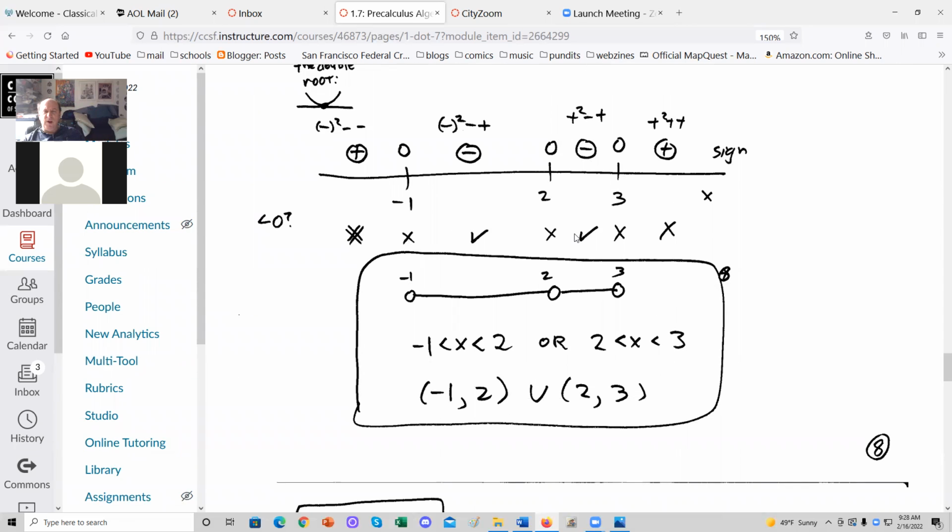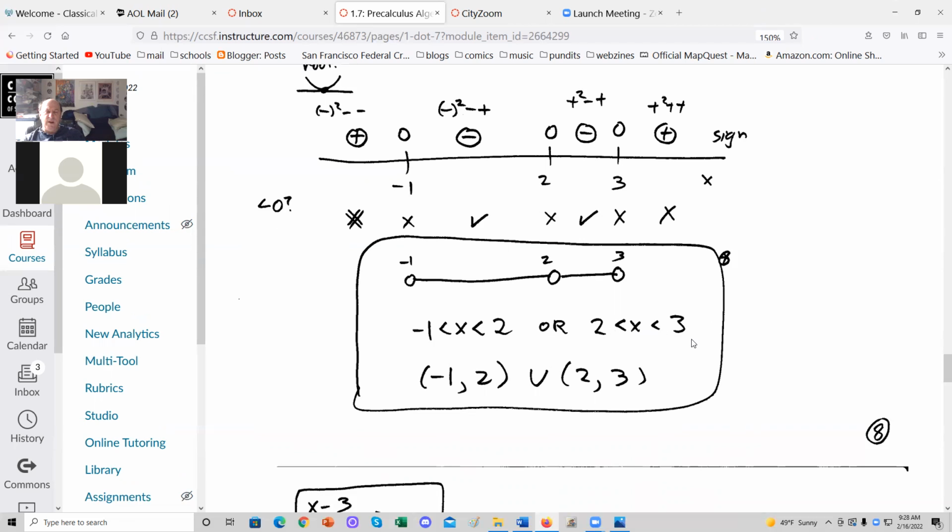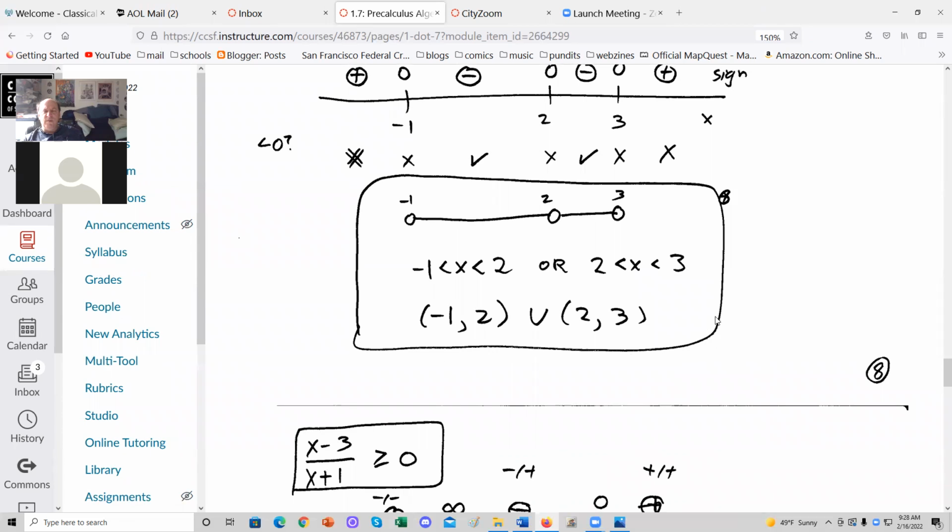So if you look where we check off, its graph looks like this: negative 1 to 3, excluding negative 1, 3, and also 2. This graph is denoted by these inequalities: negative 1 less than x less than 2, or 2 less than x less than 3. You denote that by this interval notation: round bracket negative 1 to 2 round bracket, union, round bracket 2 to 3 round bracket.